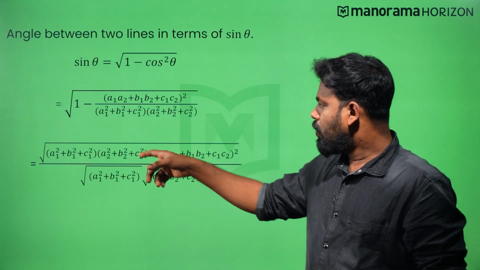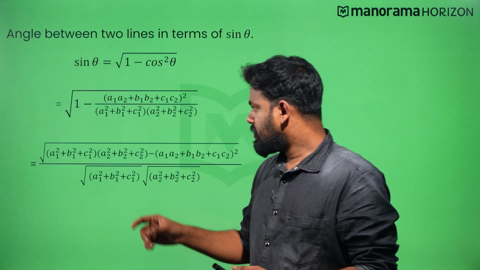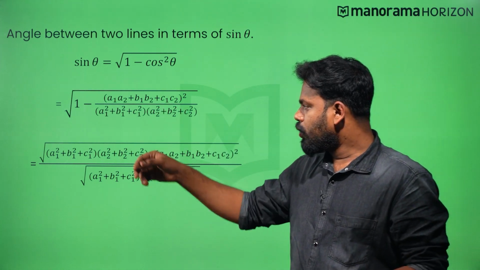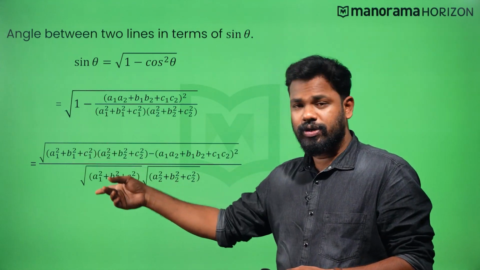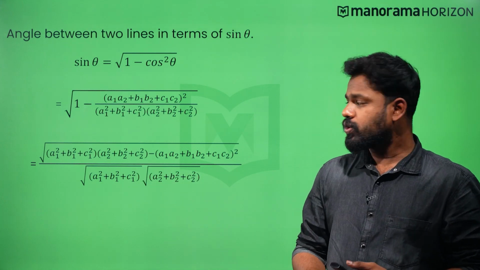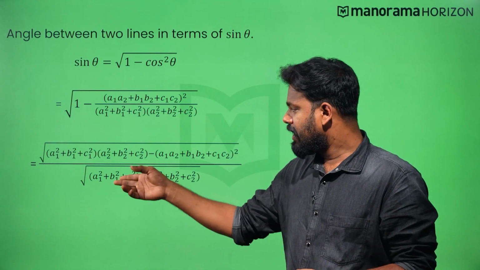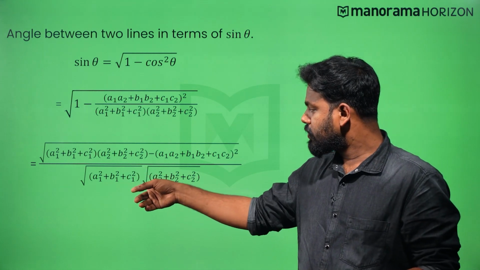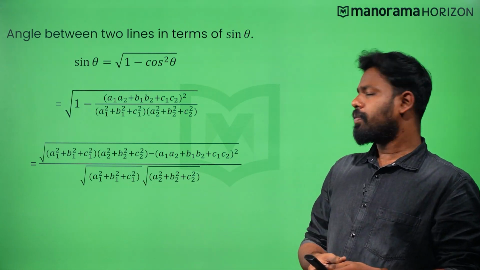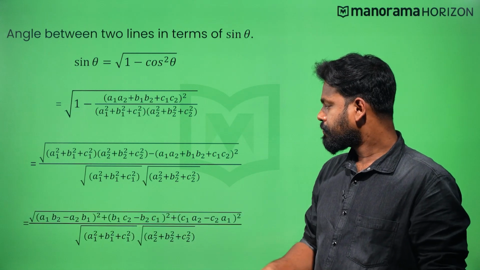Now, doing all the calculations, that is taking the LCM, you get root of A1 square plus B1 square plus C1 square into A2 square plus B2 square plus C2 square minus A1 A2 plus B1 B2 plus C1 C2, the whole square divided by root of A1 square plus B1 square plus C1 square into root of A2 square plus B2 square plus C2 square.